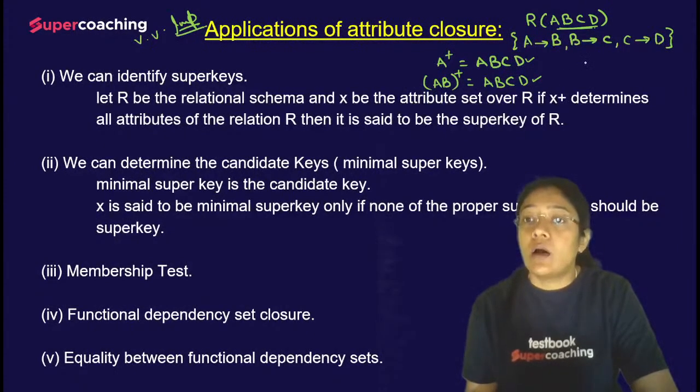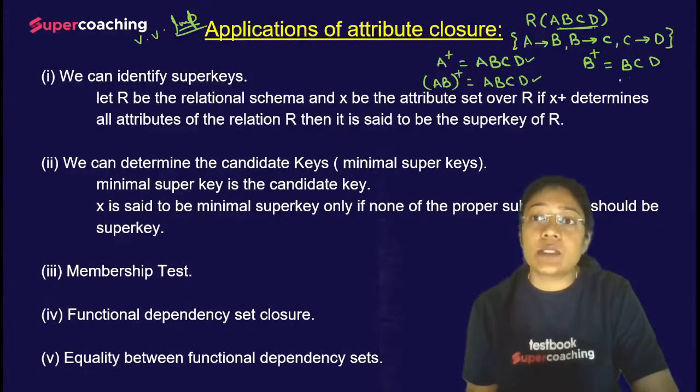Okay. If I find out B closure, it is BCD. BCD में देखो attribute A is missing, so B is not a super key.